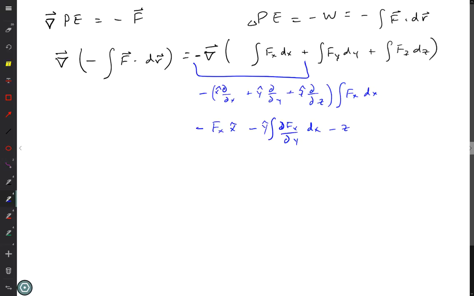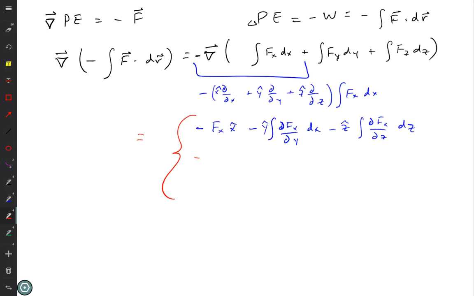And then minus z hat integral of df of x dz. So that's what I get from the first one. Now, if I do the second one, by analogy, I will have the y term is the one that's just going to bring out the f of y.